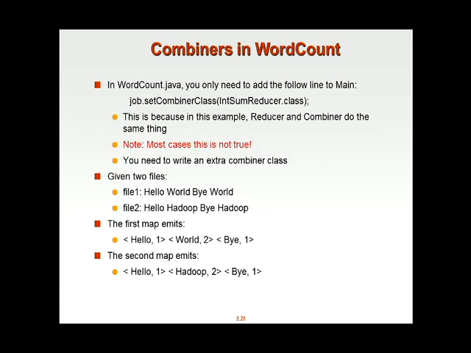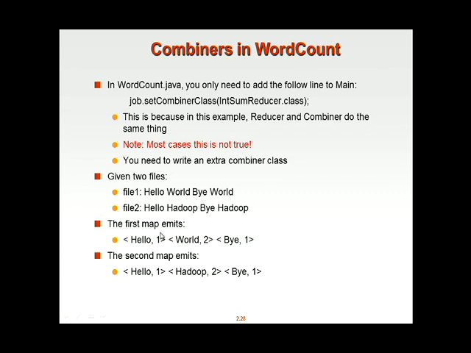This is an example of how combiners will affect your word count program. We still use the previous two files: hello world by world, and hello Hadoop by Hadoop. Without a combiner, the mapper output is hello 1, world 1, by 1, world 1.